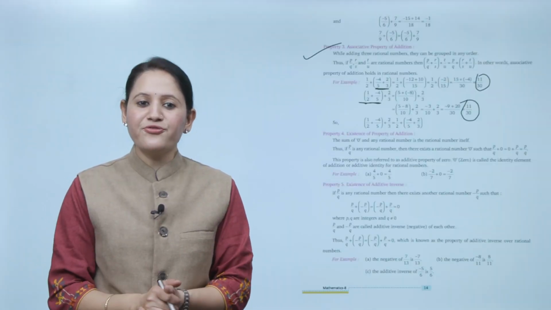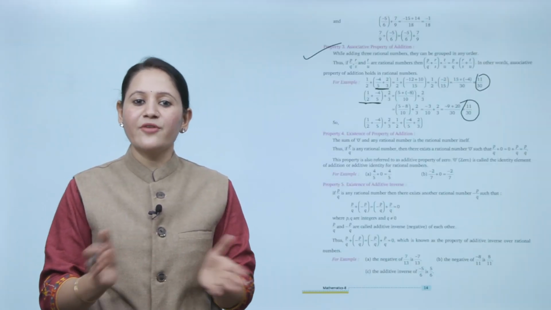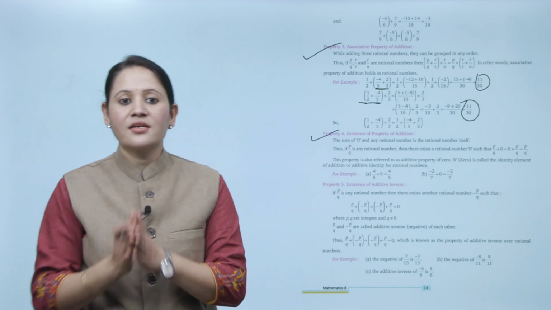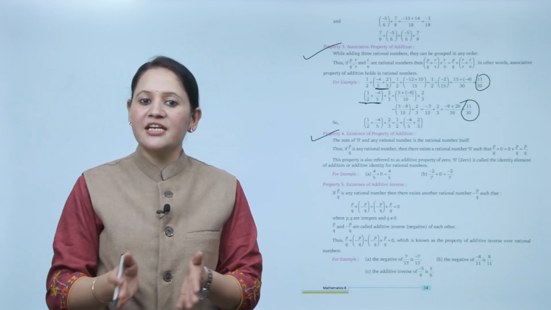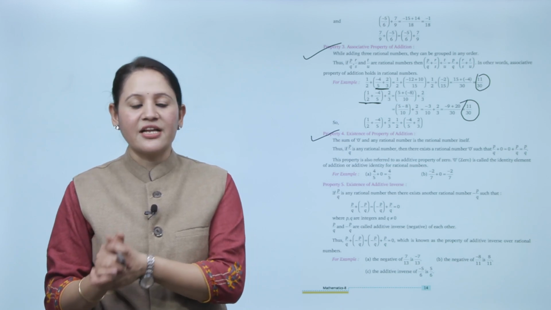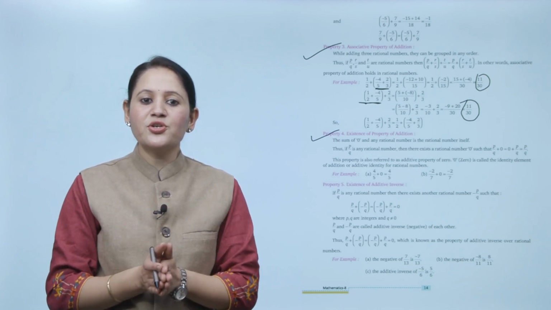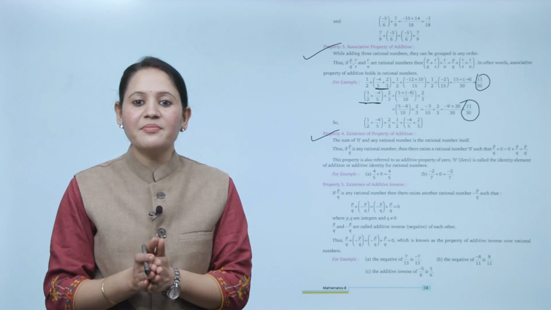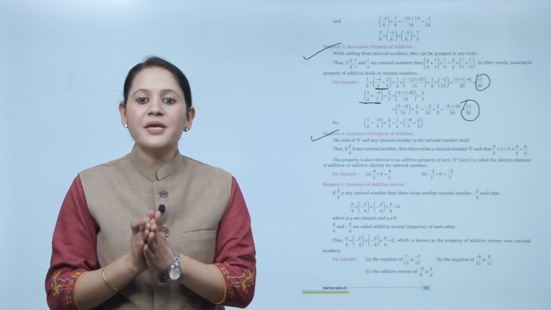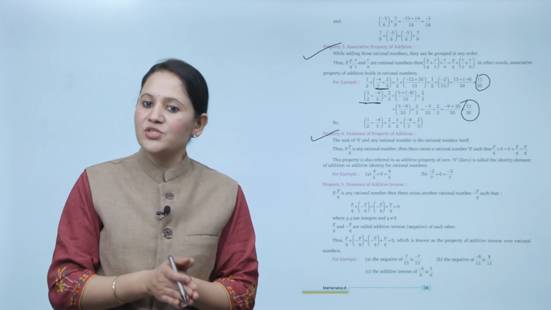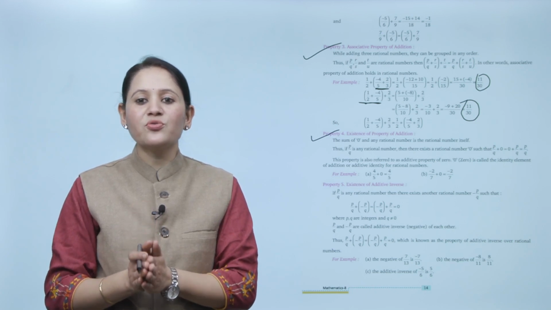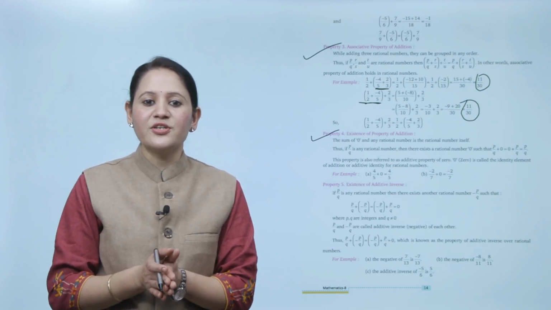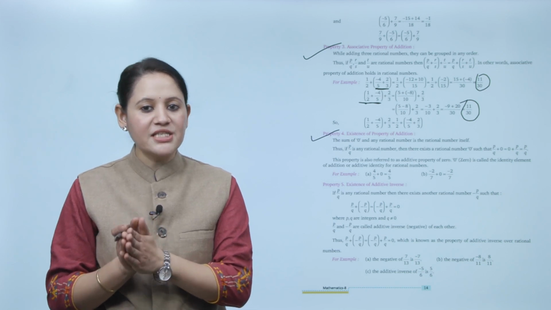Next is property 4, existence of additive identity. The sum of 0 and any rational number is the rational number itself. Thus, if P upon Q is a rational number, then there exists a rational number 0 such that P upon Q plus 0 equals 0 plus P upon Q, that is P upon Q. This property is also referred to as the additive property of 0.